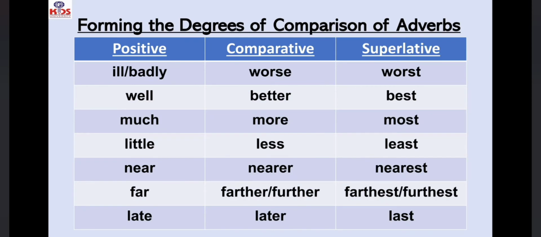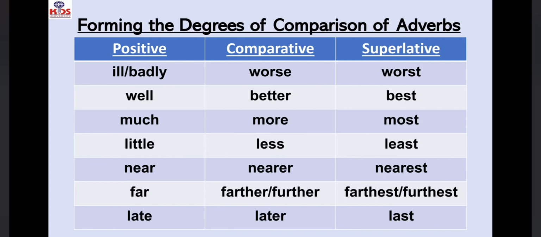The following table gives a list of the adverbs that form their comparative and superlative degrees using different words: positive, comparative and superlative. Ill, badly: worse, worst. Well: better and best. Much: more, most.